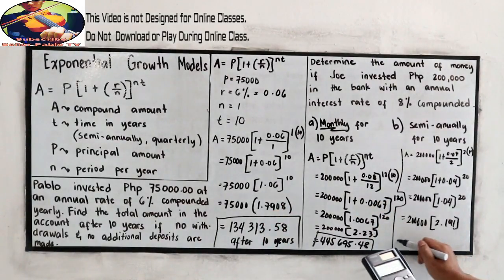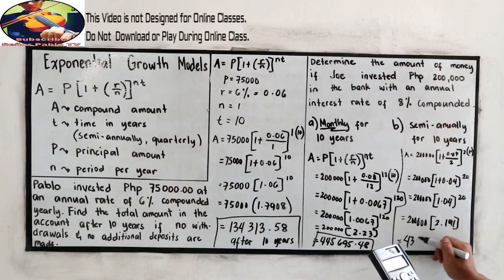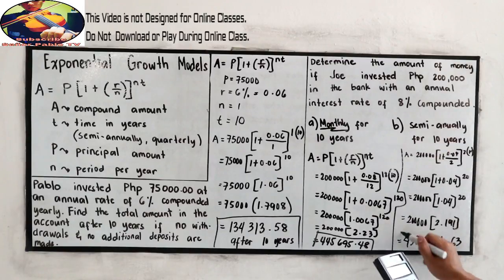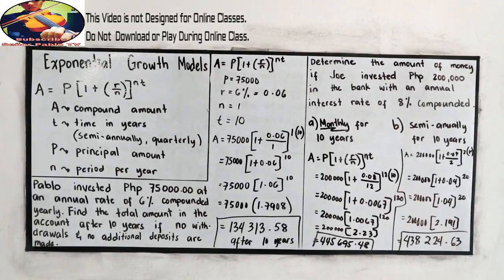So 438,224.63 centavos. This will be the amount after 10 years.